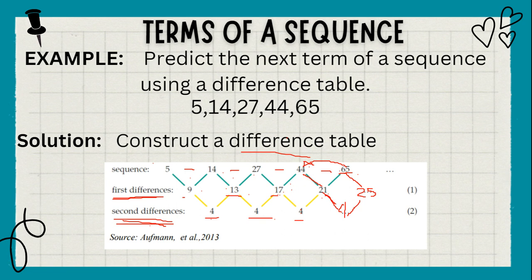So, pag left to right, murag pababa. Basta pababa, plus. Pataas is minus. Okay? So 65 plus 25, so 50, carry 1, 9. Okay, 90. So 90 ang next.